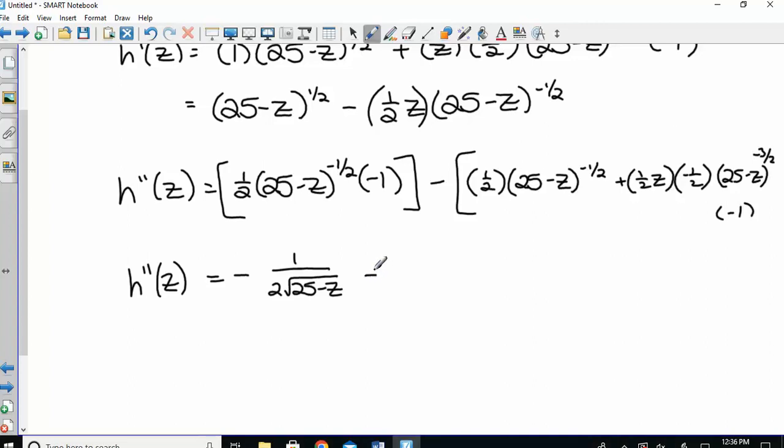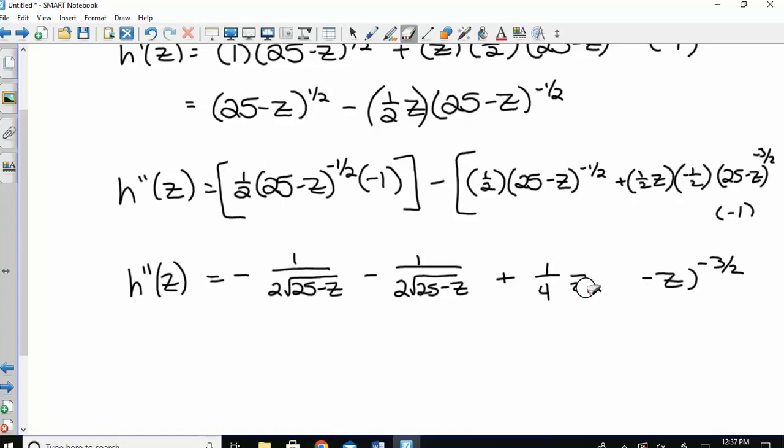Then we would have minus, all right, and then we had a 1/2 times that, so that's again, okay. This was a minus and then a negative, so plus 1/2 times 1/2 is 1/4 z, 25 minus z to the -3/2.